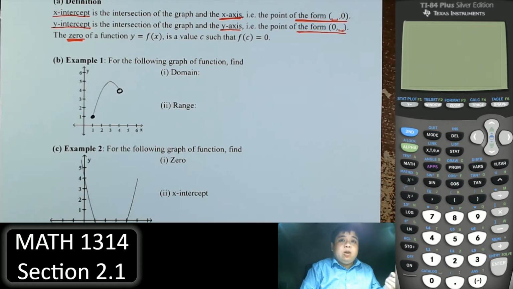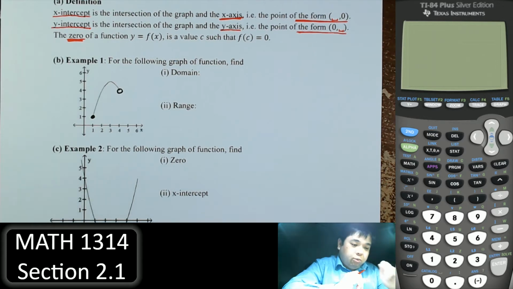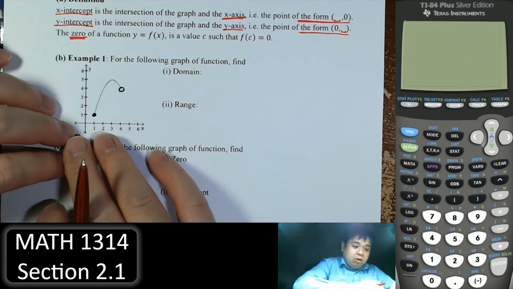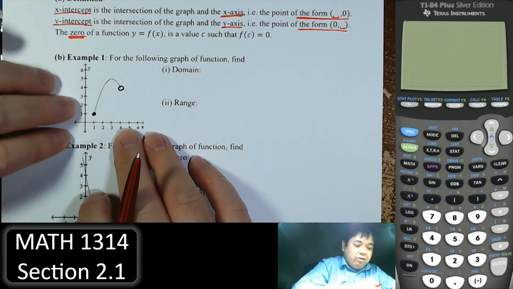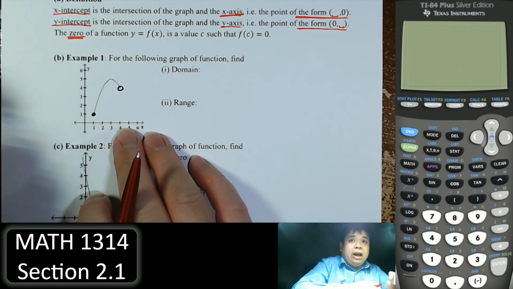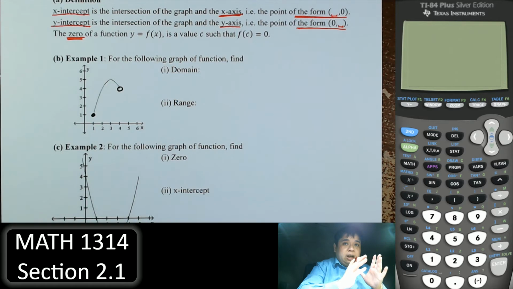The domain is all the x values, or the first component. By default, x is the horizontal axis and y is the vertical axis. So the x values are on the horizontal axis, the y values on the vertical axis, and the domain is the first component, therefore the x values.